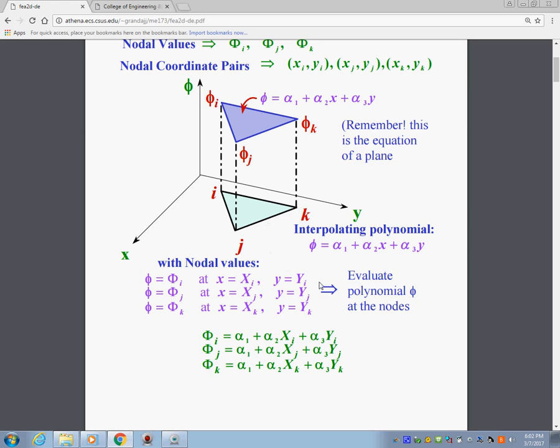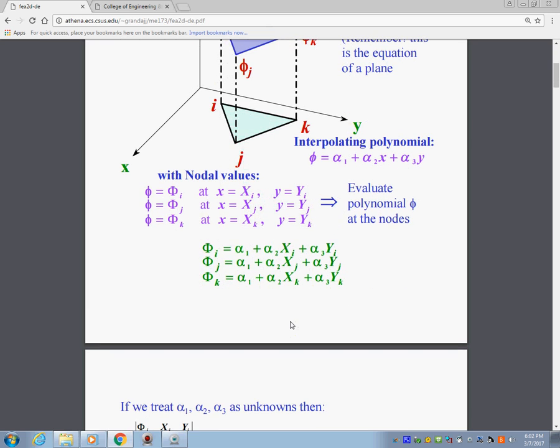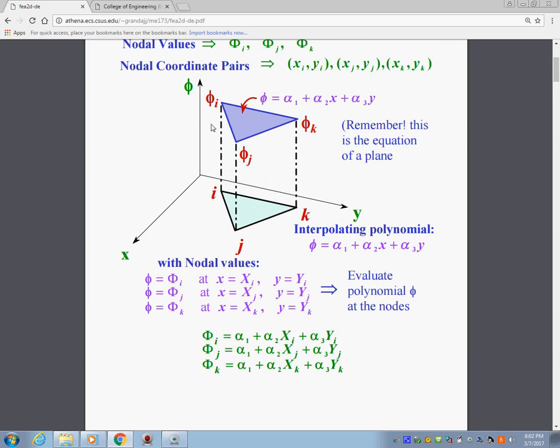Okay, so now we could perfectly write an equation of the solution for the node phi as a function of the coordinates. Remember, the coordinates I, j, and k are given. We know them. Why do we know them?